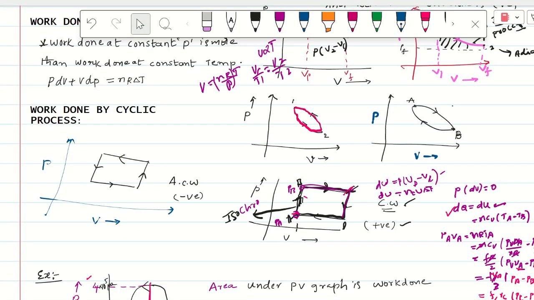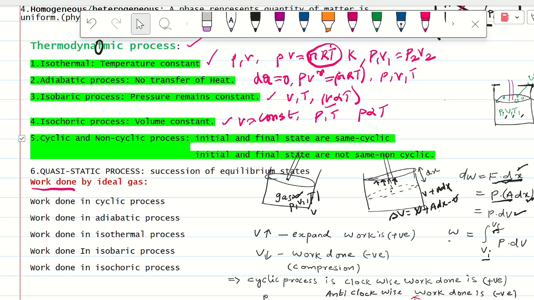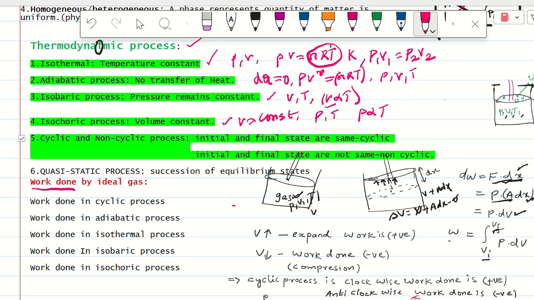So now we will study work done. First, dW. These lines are for drawing; when I draw like this on the side, don't consider them. So the third topic is work done. Let P1, V1, T1 be the initial state of this gas, considering a cylinder with a piston.